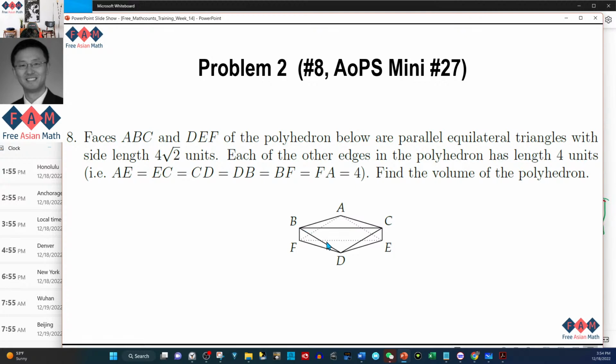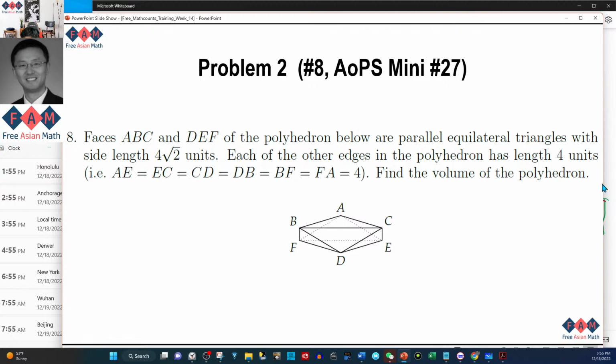Especially we know CD and the BD are both 4. So that is the isosceles triangle. At the same time, BC is 4 square root of 2. That tells us that what?